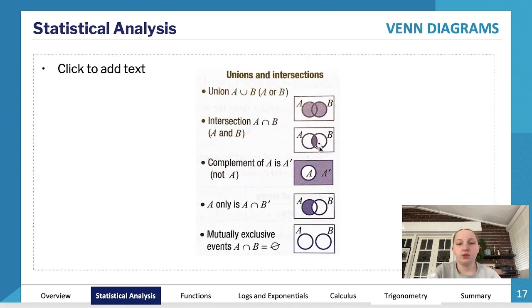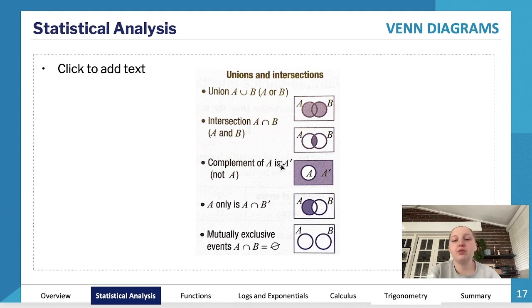Okay, so just a little bit more on Venn diagrams. The union of A or B is all of it, because we know that union means A or B or both. We've already talked about A and B, which is just the part in the middle where the two circles intersect.